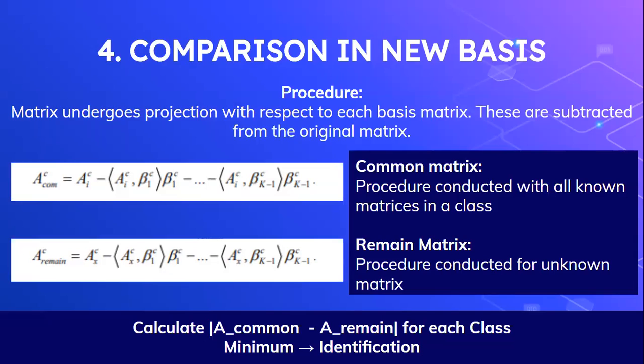the common matrix. And then to get the remain matrix, we do the same thing with each of the bases we came up with, except we're doing it to the unknown matrix. And we want to see how large of a difference there is between the known matrix and the unknown, so between the reference and the unknown.